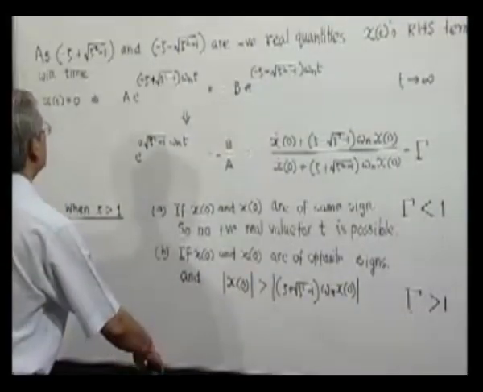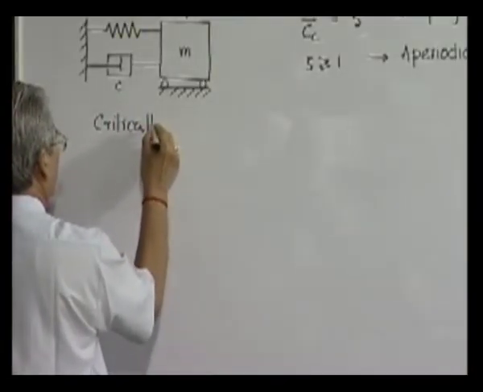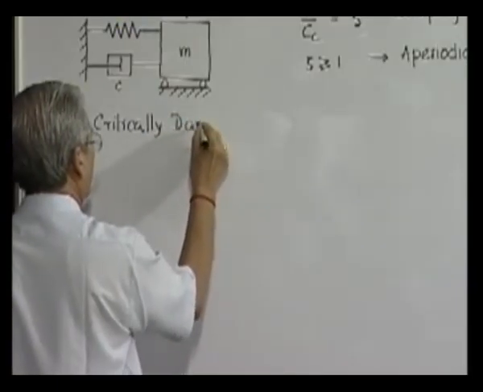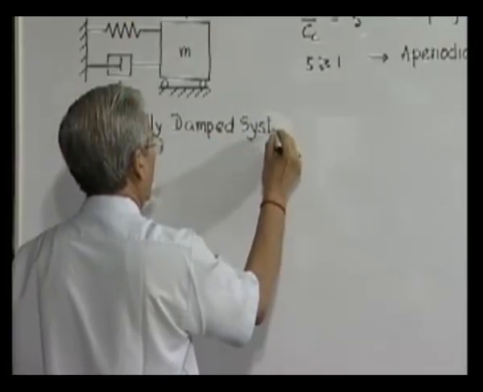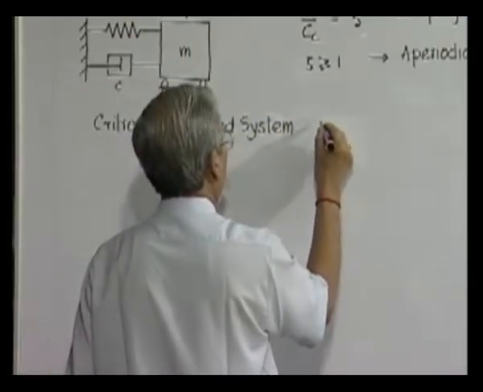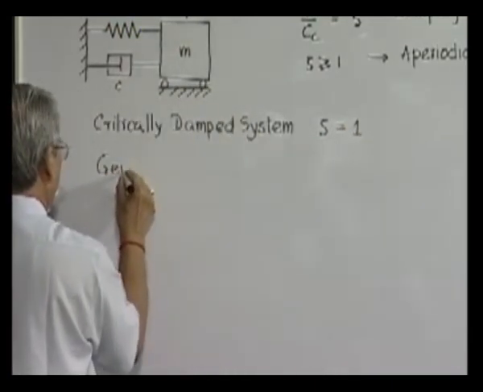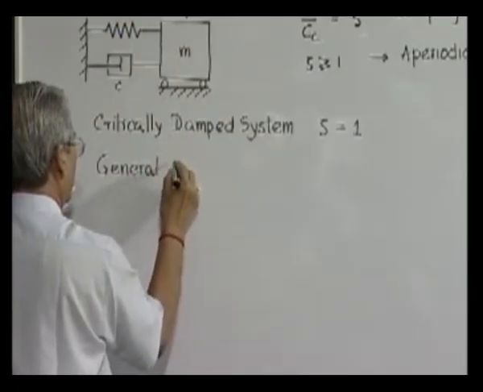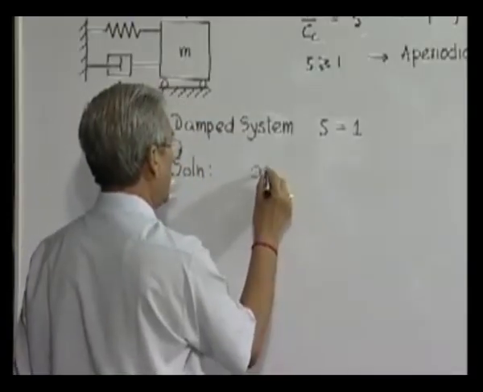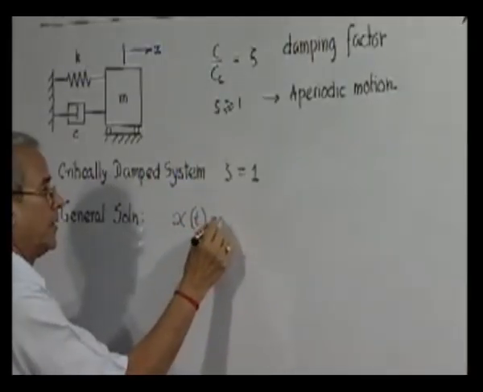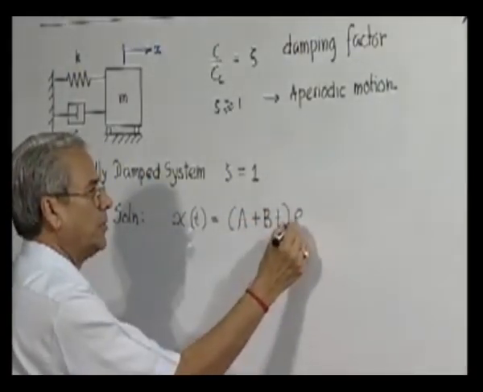Now if the system is critically damped, the general solution in this case we have already seen will be e to the power.